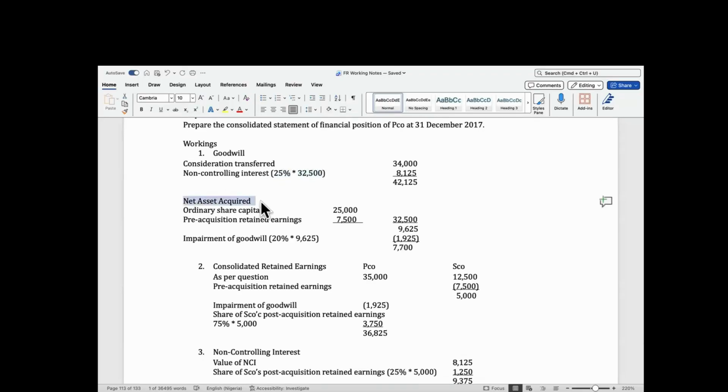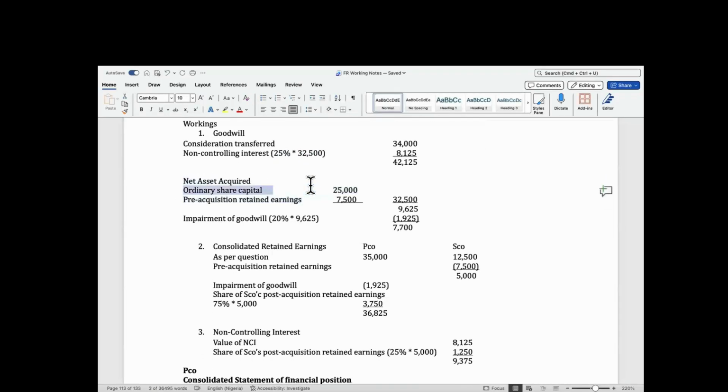So the net asset acquired is the ordinary share capital of the subsidiary, which is 25,000, plus the retained earnings of the subsidiary at the date of acquisition, which is 7,500. I was given that also. So that gives me 32,500. Since I'm measuring NCI at proportionate share, I will just do 25% times 32,500. That gives me 8,125.